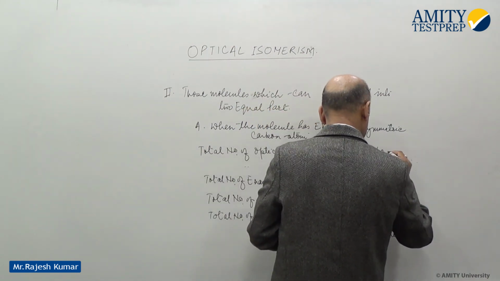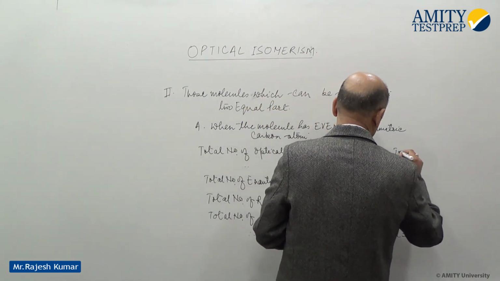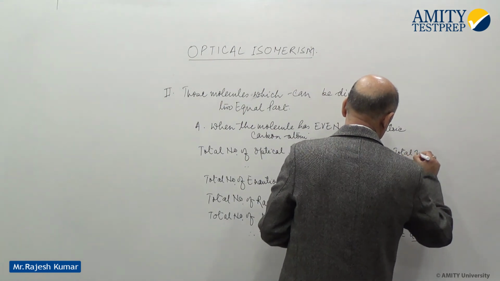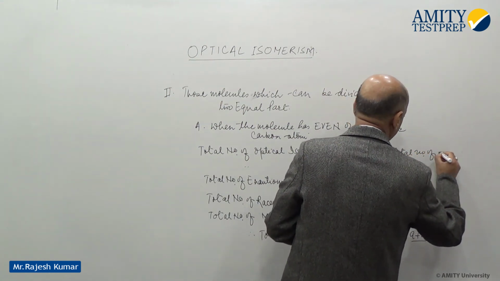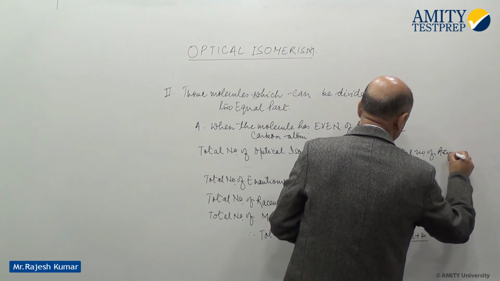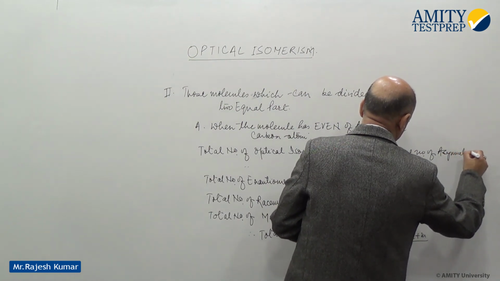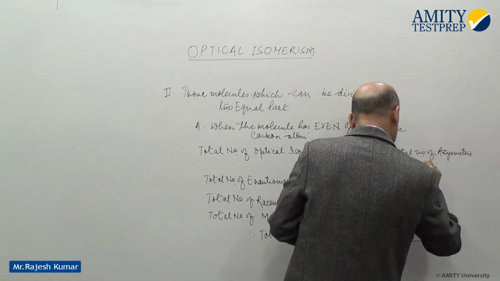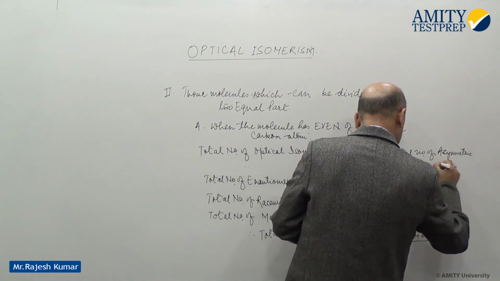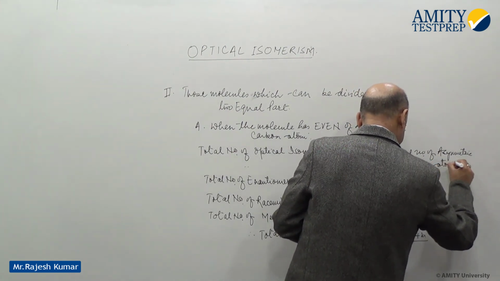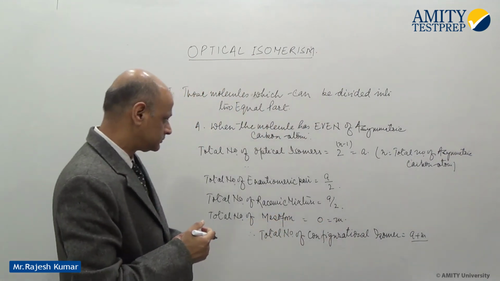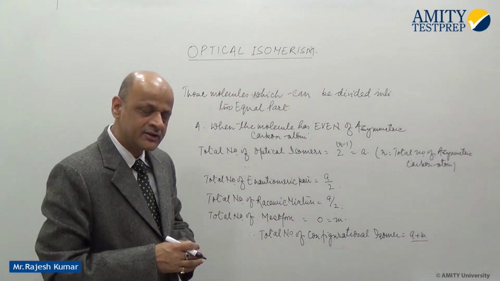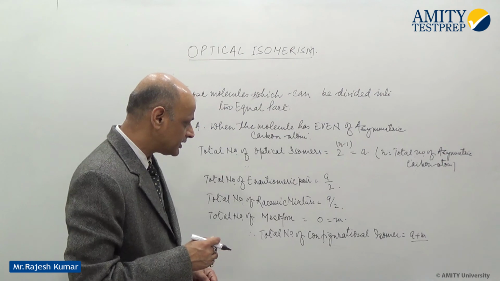where n is the total number of asymmetric carbon atoms. The total number of enantiomeric pairs is as usual, that is A by 2.